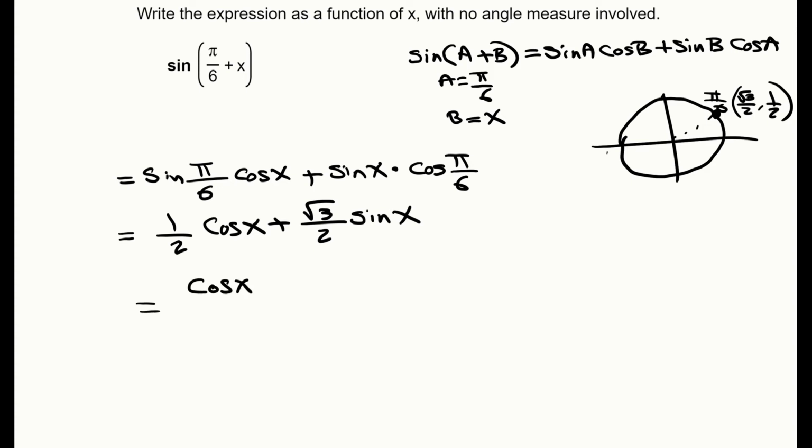So we have cosine x plus square root of 3 sine x over 2. And we are pretty much done with that. Notice no angle measurement was desired in the answer, and we don't have that. We just have a function of x. All right, so make sure you can whip that up on your own before we move on.